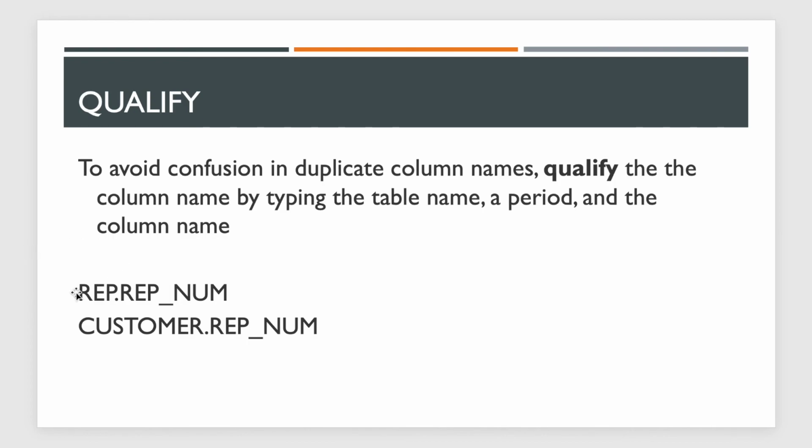So we'll take the table name, a period, and then the column name. So when we write rep.repnum, we are referring to the rep num in the rep table. If we wrote customer.repnum, we were referring to the rep num in the customer table.